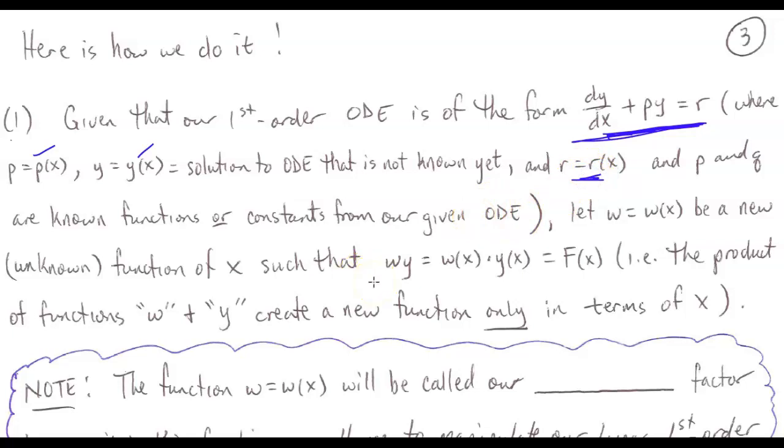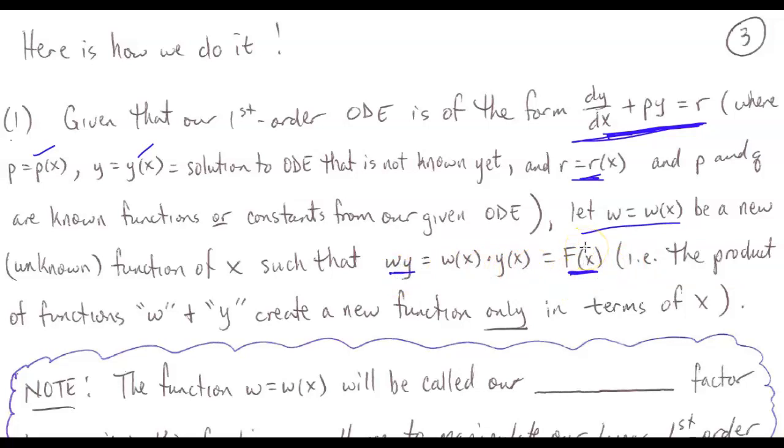Okay. So given that we have that information, we let this new function w of x be a new unknown function of x, such that whenever we take w and multiply it times y here, it is going to equal this function big F of x.